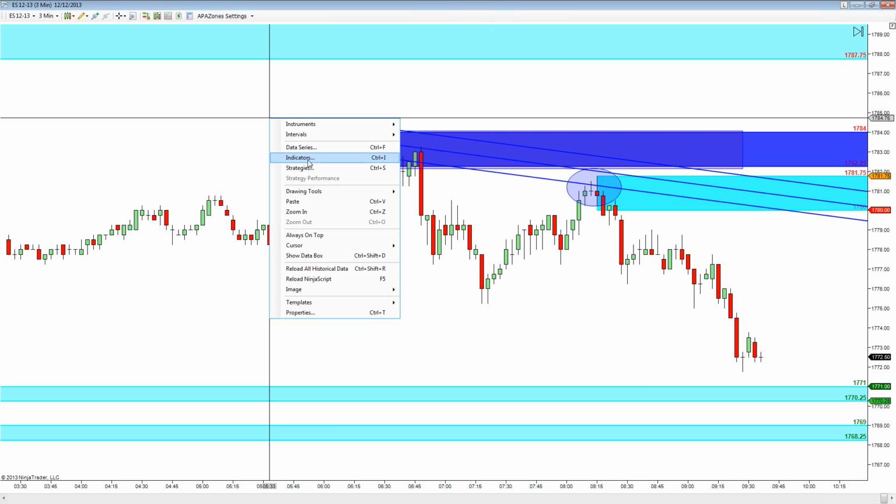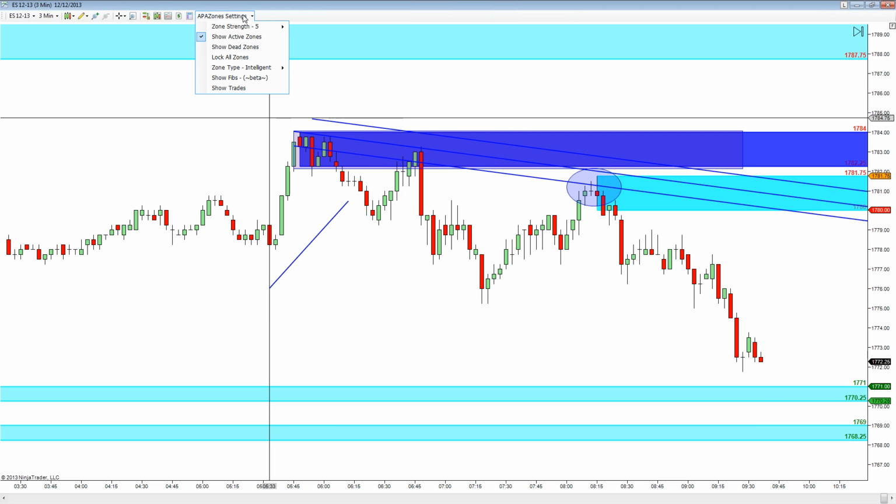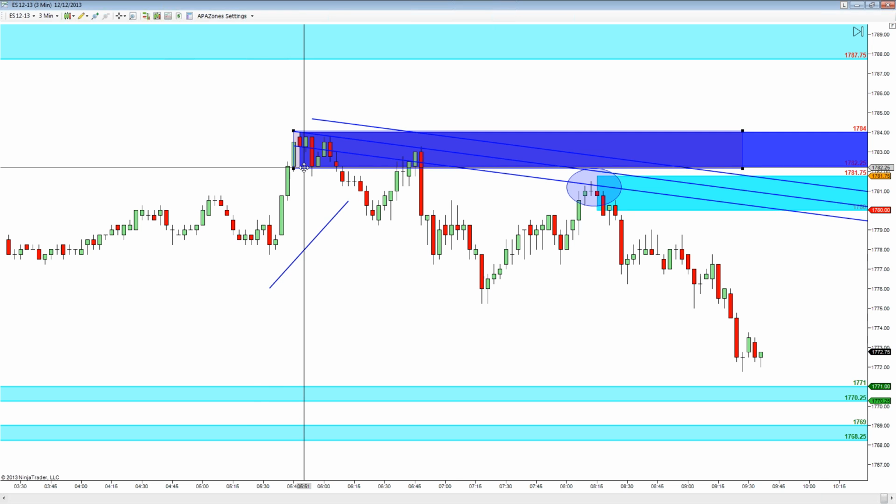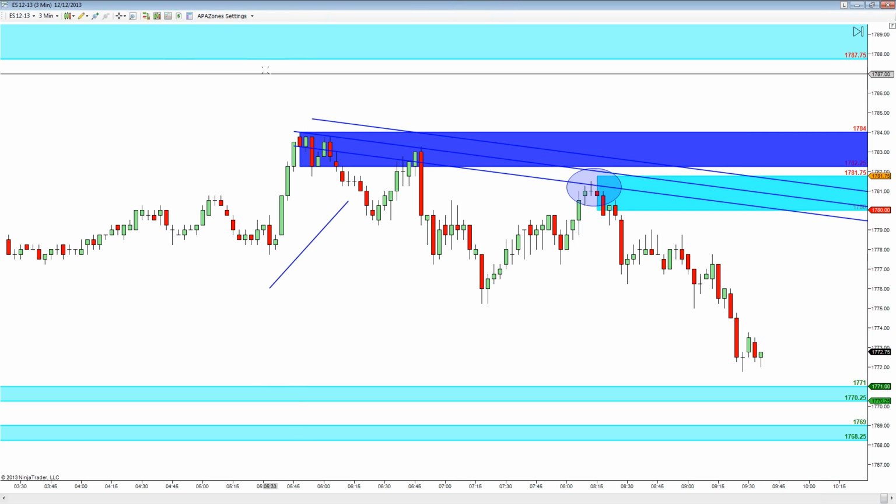The next big thing, for everybody's information, is that the zone types have changed a little bit as well. We are still sitting under the intelligent setting right now, but you will notice that these zones are more dynamic now.